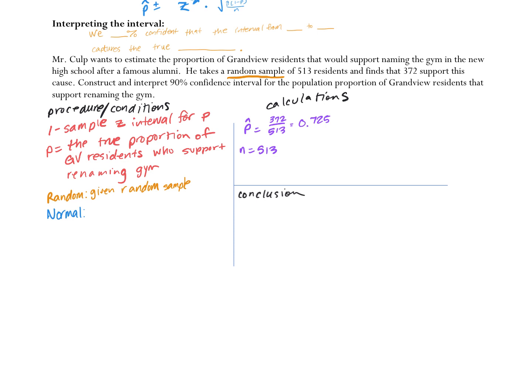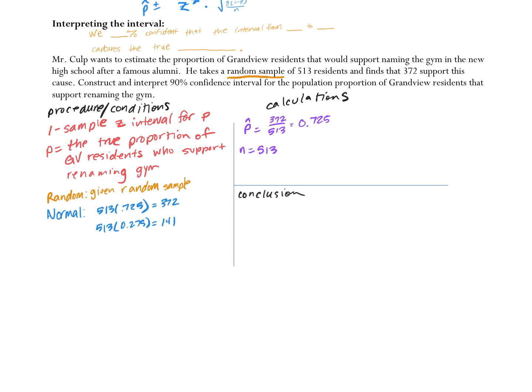Okay, then what we're going to do is np hat, so that'll be 513 times 0.725, and then 513 times 0.275, and we should end up with 372 and 141, give or take. Well, your 372 is a little off. No, it's not, it's 371.95. If you multiplied by the actual, unrounded p hat, it would come out exactly.